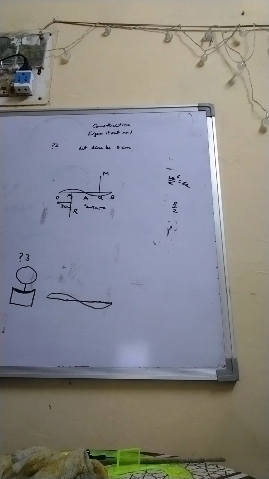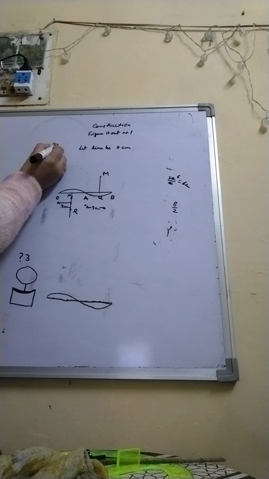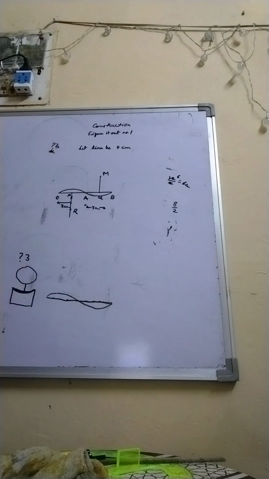Now this is a tricky question, so put a star over question number 3. Put a star over it, because you have to learn a few steps before you are able to draw the shorter wave. So for a shorter wave, what you have to keep in mind is the initial steps are the same.